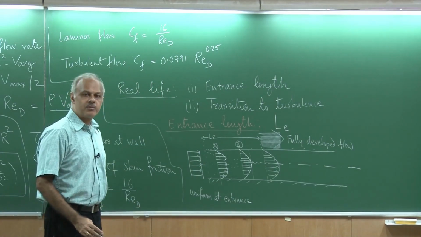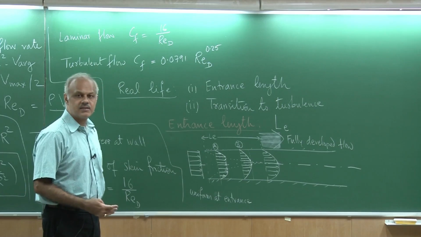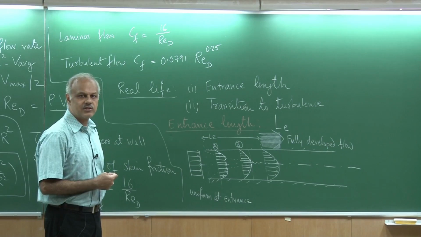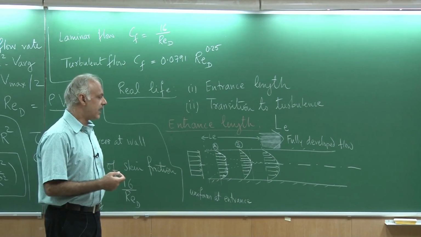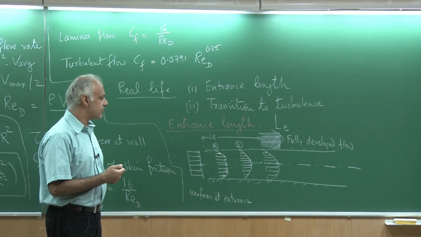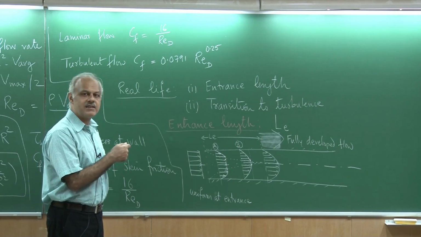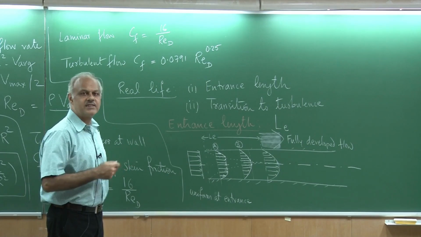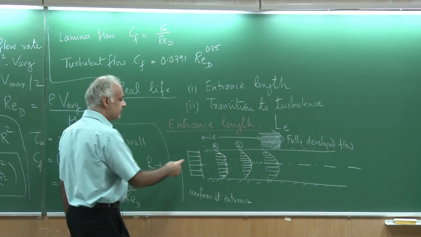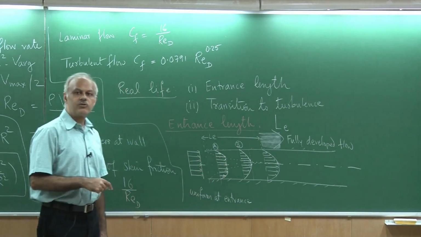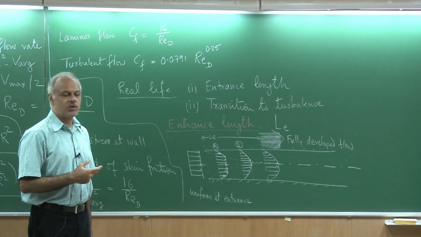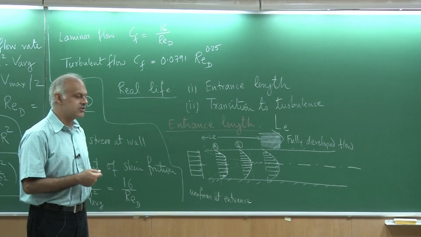So suppose I am supplying fuel to my car. There is a fuel pump and a pipe that supplies the fuel from, let us say, the storage tank to the engine, and that pipe is so short that it lies within the entrance length. I want to find out the power of the pump that should drive this flow.